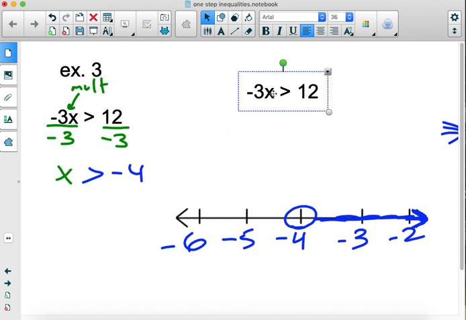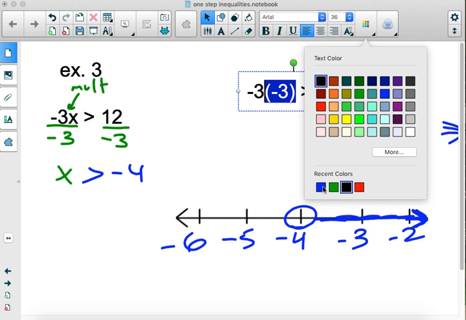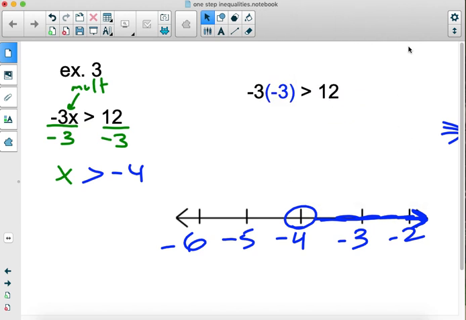What color do you want me to put -3 in, Heidi? Blue? Alright, I'll make it blue. Alright, let's check it. So she said -3 is what I'm going to plug in. -3 times -3 equals.